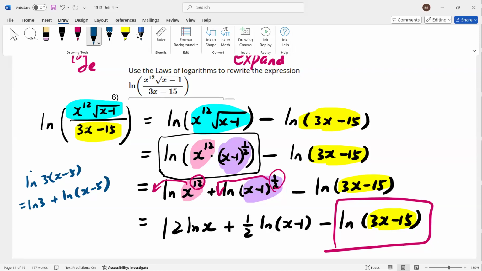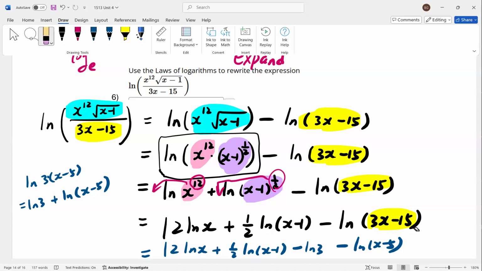So that's my thinking. If the question requires that, then the final answer should be 12 ln x plus half ln x minus 1, and then minus ln 3, and then minus ln x minus 5. Because this part should have a parenthesis, and then minus the parenthesis, when we apply the distributive property, we should have a minus here.